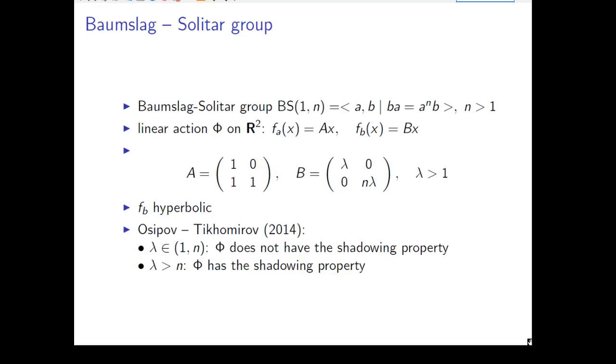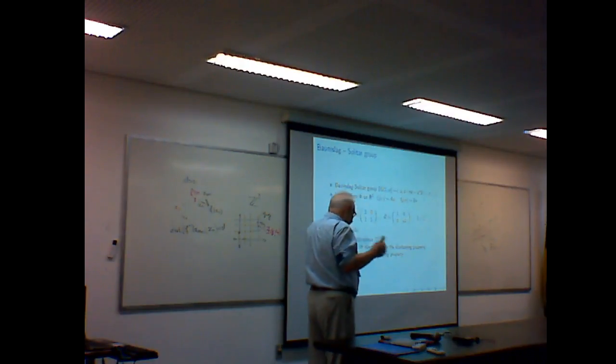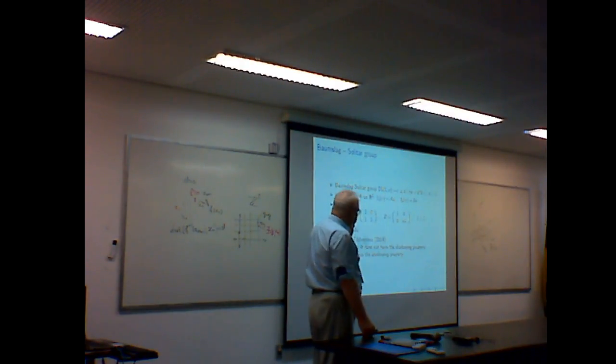But if n is more than 1, you get, in a sense, a very complicated group. And in the same paper, Osipov and Tikhomirov studied linear actions of the Baumslag-Solitar group on the plane. And the result for me was quite unexpected.